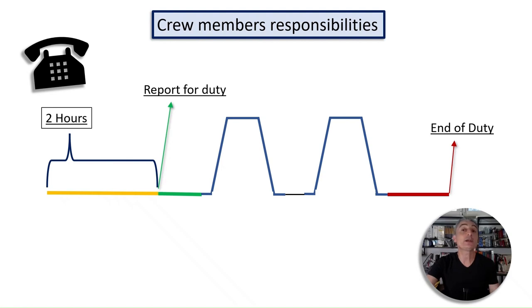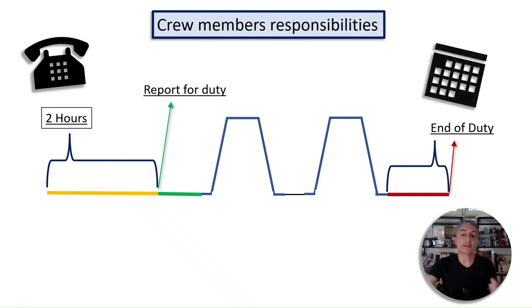We must be contactable by phone, and also in the post-flight duty, so those 20 minutes after we block at the last section of the day, that's the moment where we must check our roster, because if there are some changes for the future days, this is the moment where we must check and we are considered to be acknowledged about any change in the future roster.